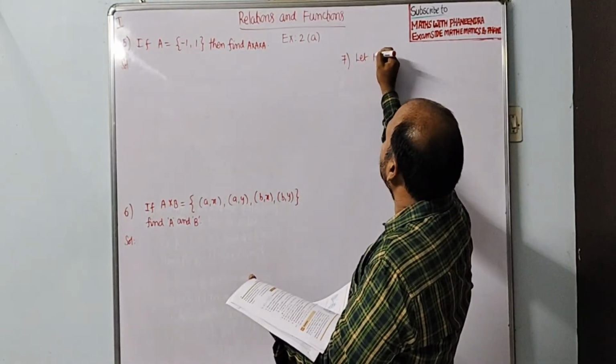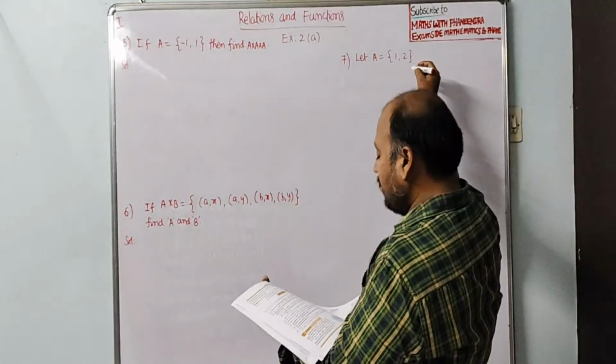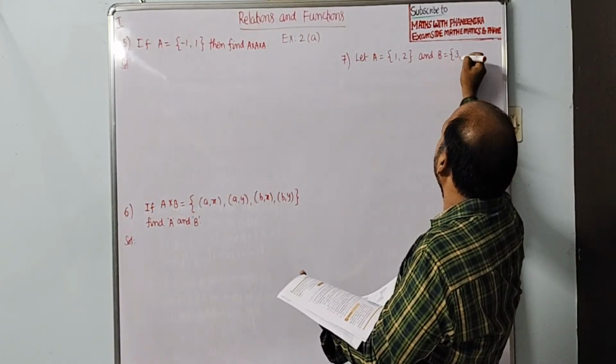Let A equal to {1, 2} and B equal to {3, 4}.